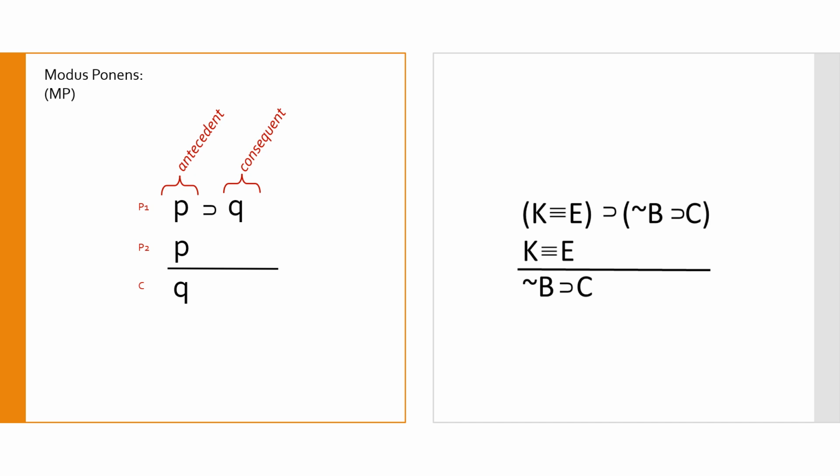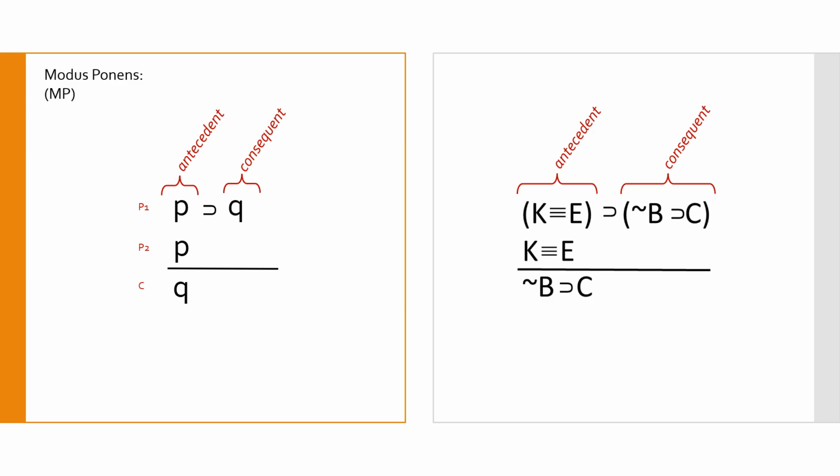And of course, things can get far more complicated than this. And if you look at this particular example, it looks like quite a mess. But in the end, if you pay close attention to it, it is really just doing exactly what the last argument did. It is following the rules of modus ponens. With a bit of squinting and some careful consideration, you can actually see this argument for what it is.